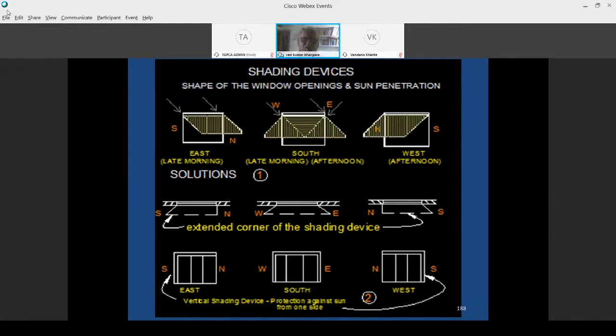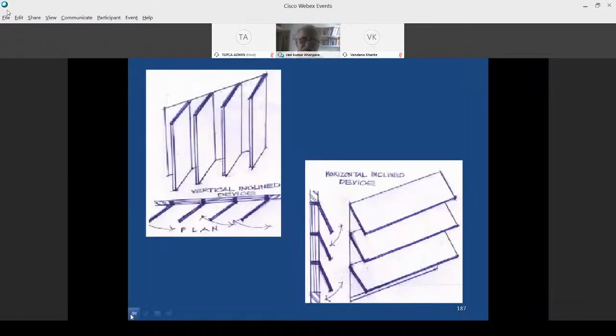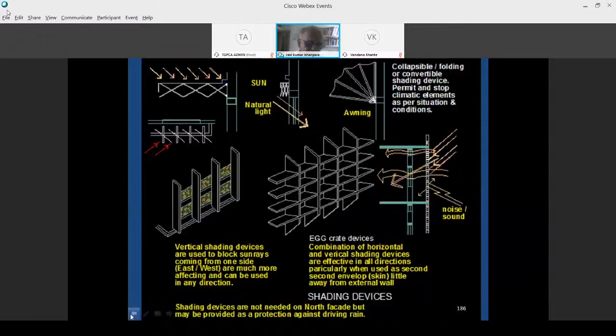So what I am trying to suggest, friend, is either design shading devices keeping in mind the size and shape of your window, or provide windows keeping in mind the shade or shadow pattern provided by a particular shading device. Then friend, these show the different types of shading devices.